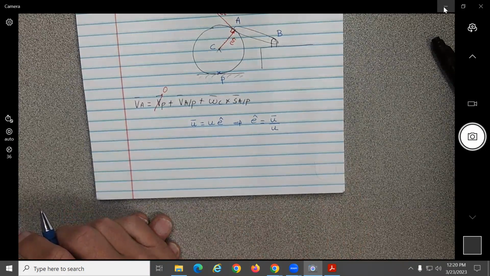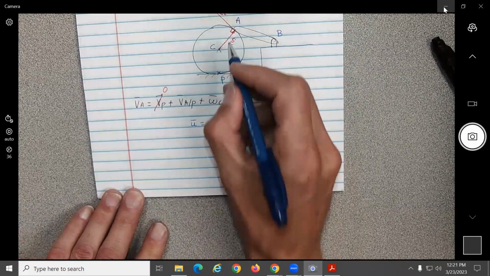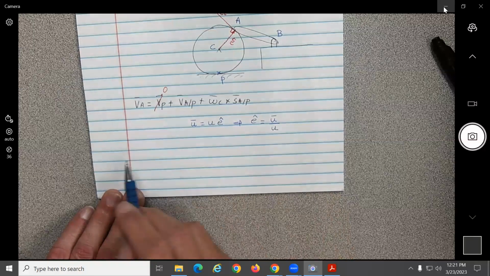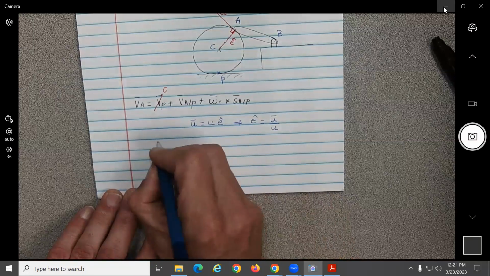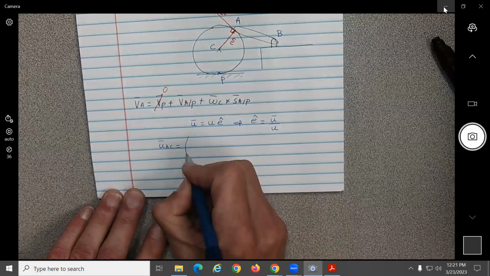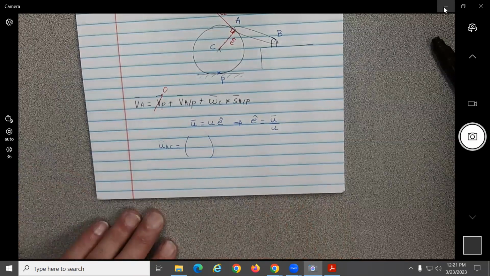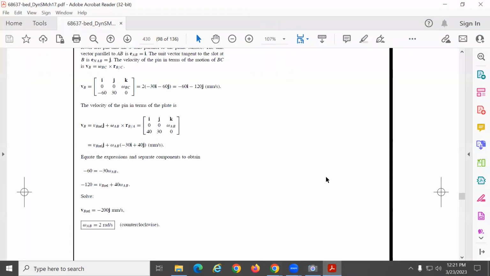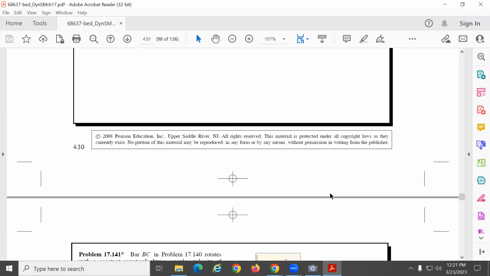Okay. What is the vector AC? Do we know this vector AC? What is u_AC? Do you have the problem? This is 17.139.